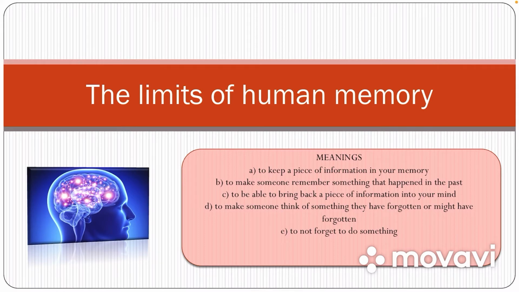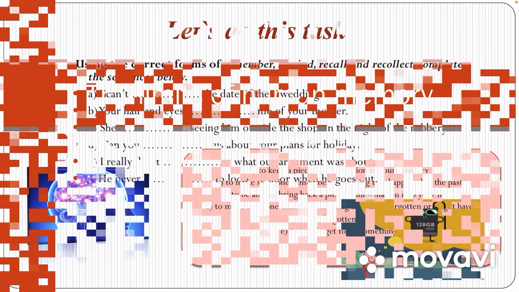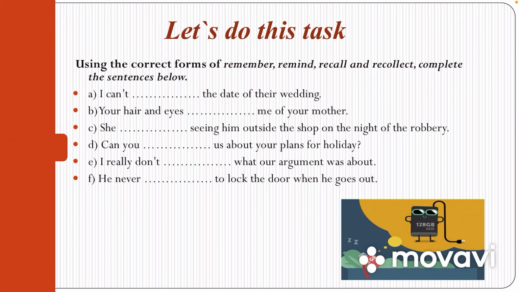It's remember, yes, and recollect also, it's recall. So that's right. And to make someone think of things they have forgotten or might have forgotten, it's remind. Okay. To not forget to do something is remember. So I think it's clear and easy. Let's do this task.